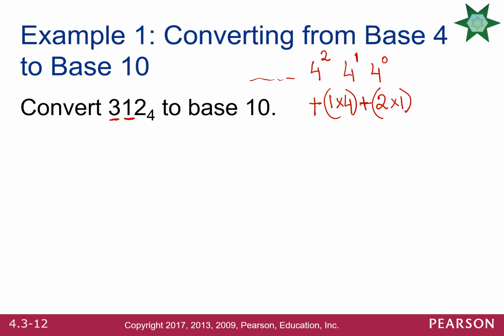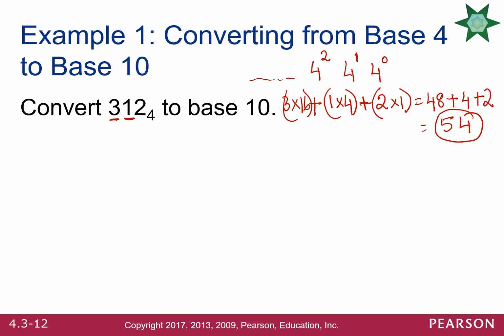The positional value of that is 16, so 4 squared, so it's going to be 3 multiplied by 16, correct? So 3 multiplied by 16 is going to be 48, plus 4, plus 2. So 48 plus 4 is 52, 52 plus 2 is 54, and that should be the decimal equivalent, or the base 10 equivalent, of 312 base 4.